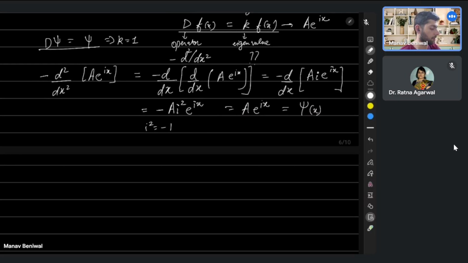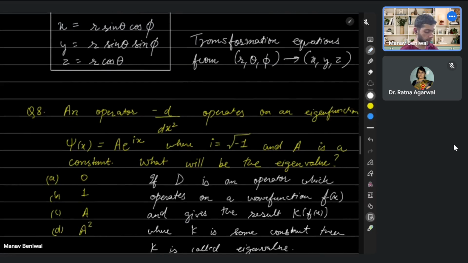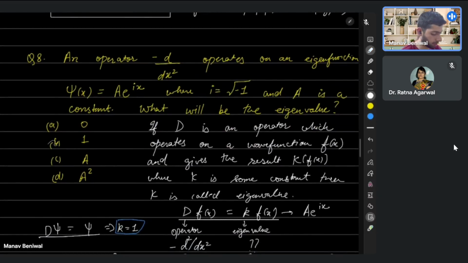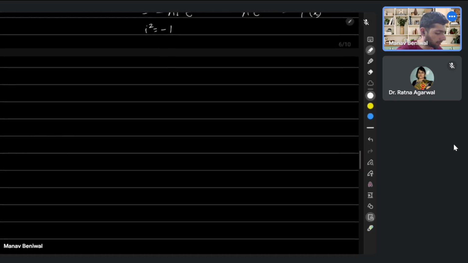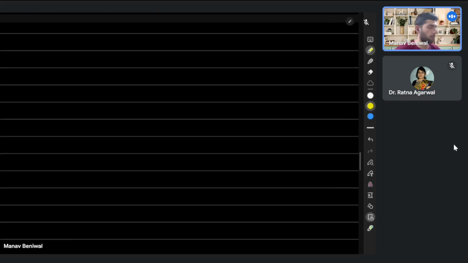So this is our eigenvalue for this problem. So k is 1, which means option B is the correct option. Yeah, a fairly simple problem. If you have anything to ask, you can ask. Otherwise, we'll move on to the next one.